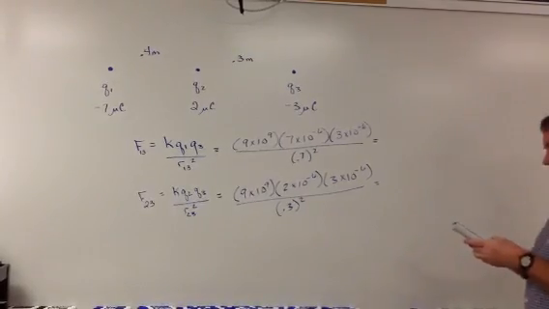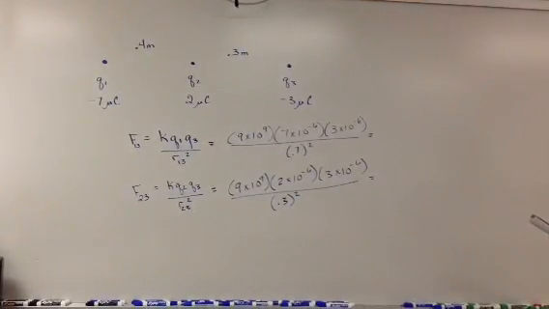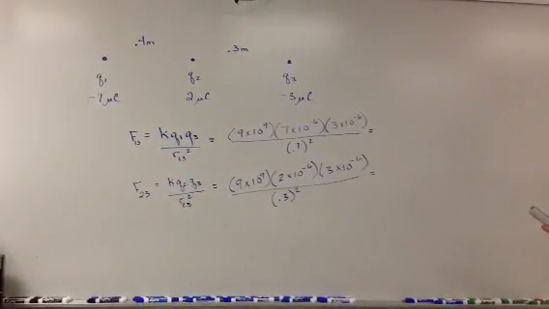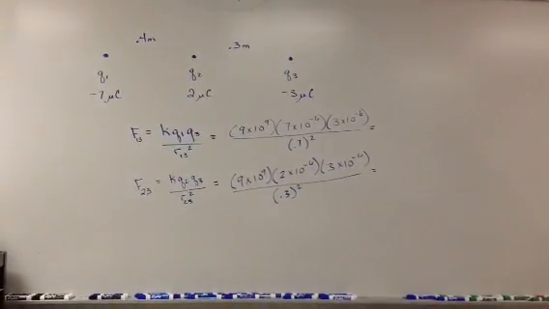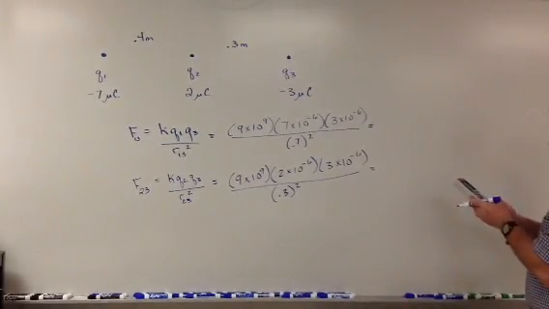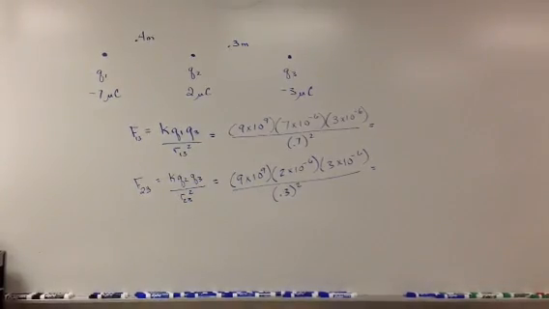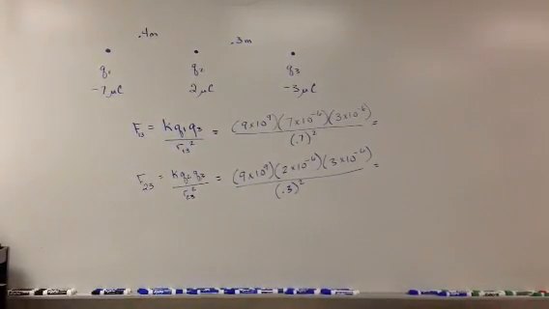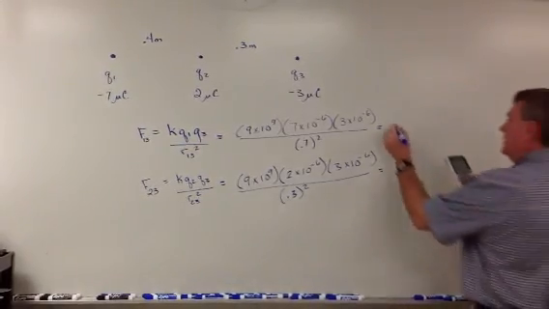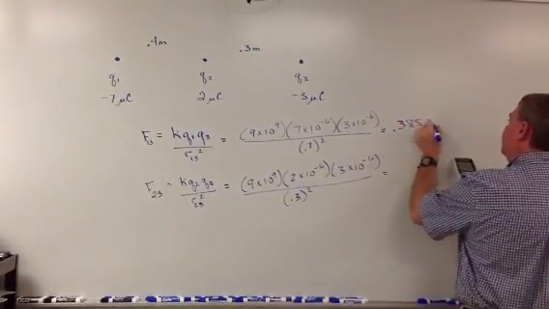9 times 10 to the 9th times 7, second function, e -6th, divided by 0.7 squared. Okay, and that gets us 0.385 newtons.